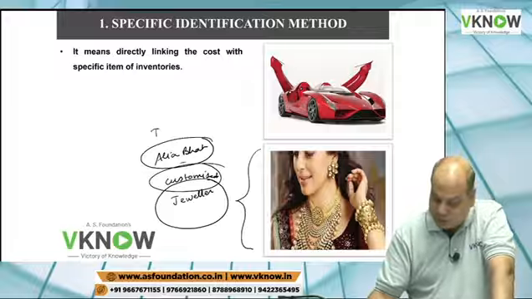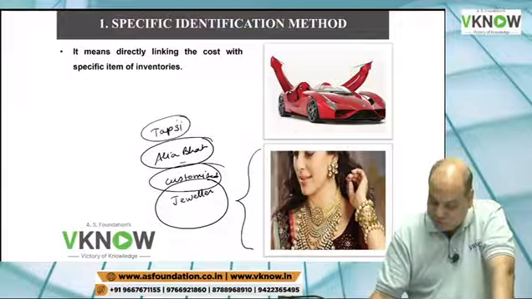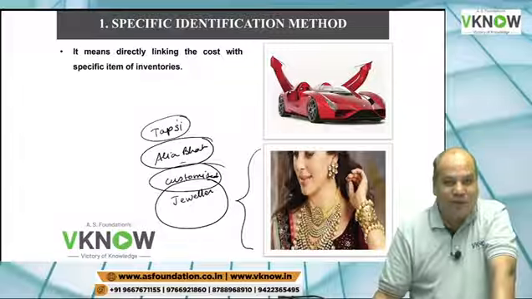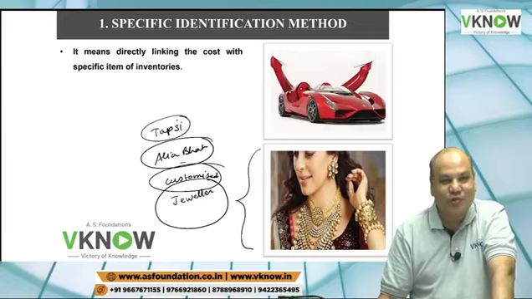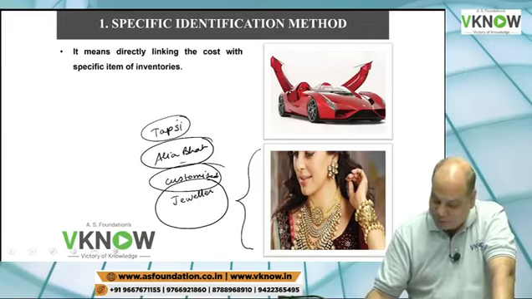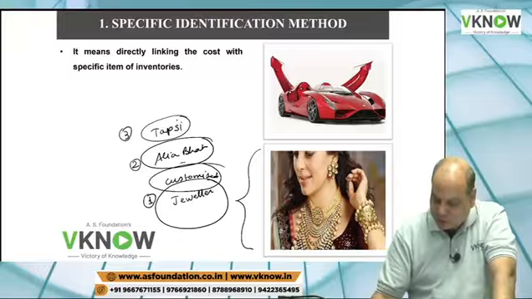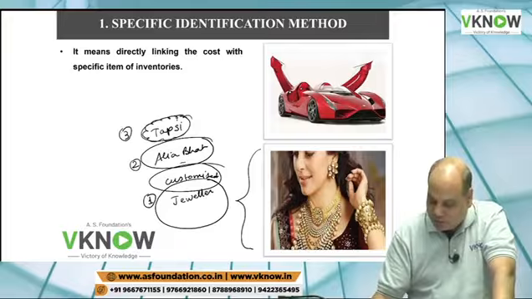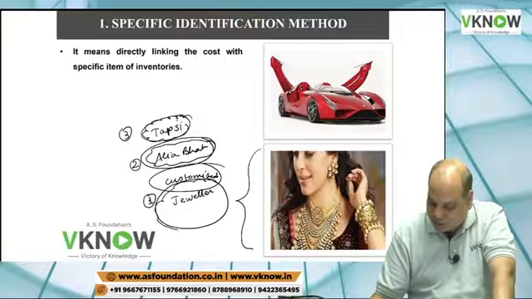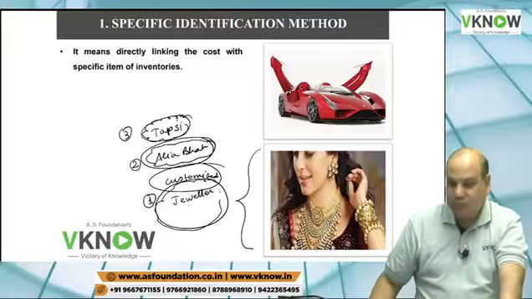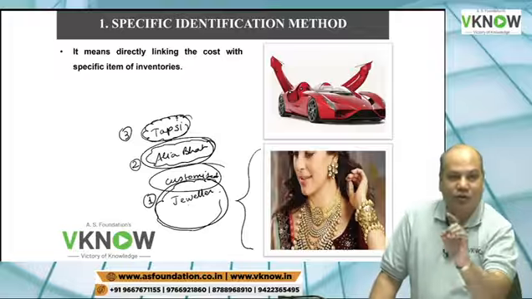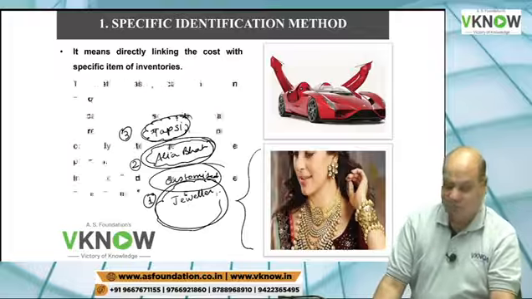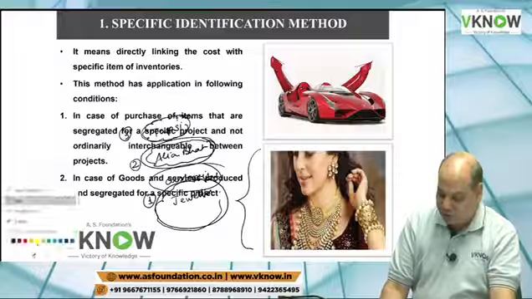Then after some time, Tapsi also goes. Tapsi also says, make one necklace for me. What this jeweler will do, it will give them some kind of identification tag. All cost incurred will be separately calculated for Tapsi, Alia, Juhi. In such industry, you can follow SIM, specific identification method.